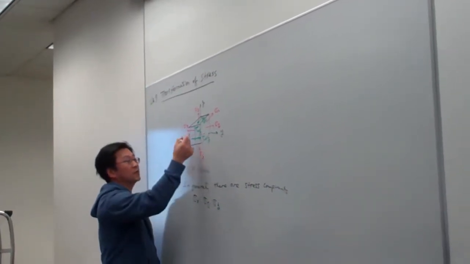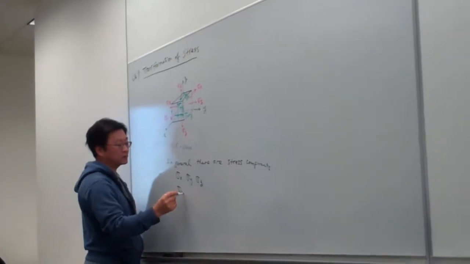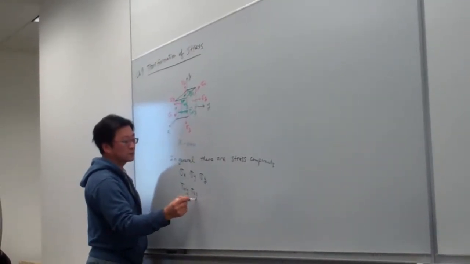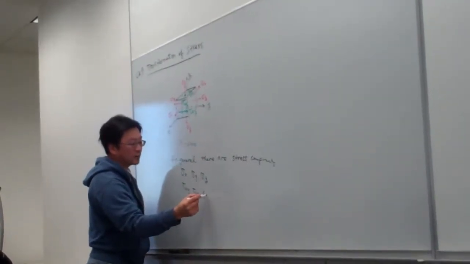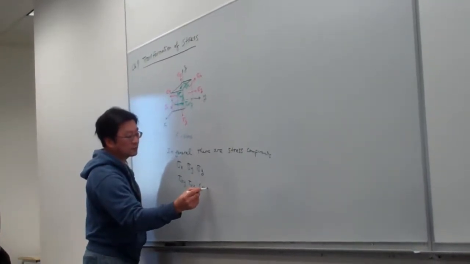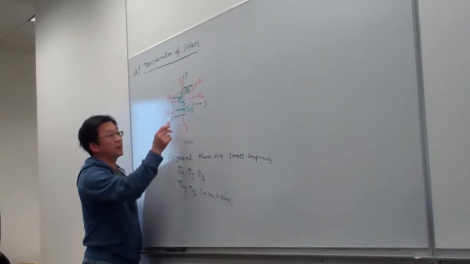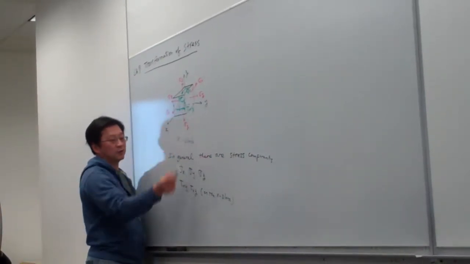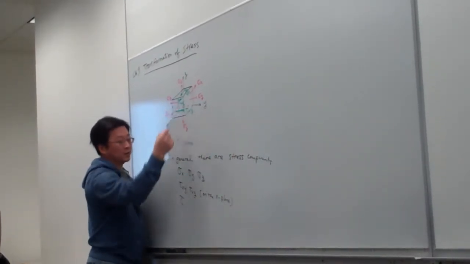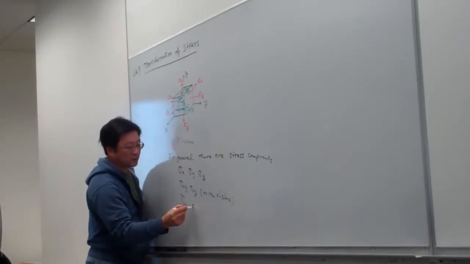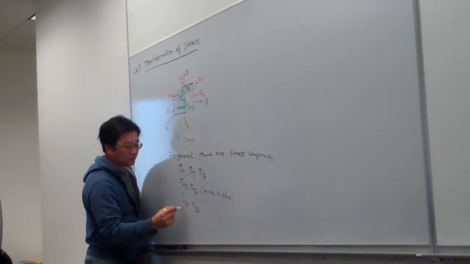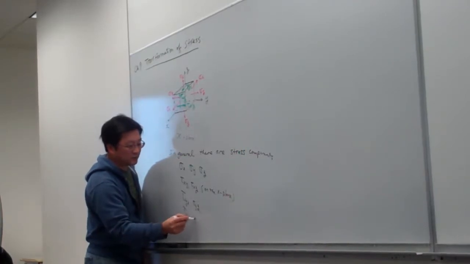And for shear stress, here is tau xy, tau xz, so that both are on the x-plane. Just like we drew here, the two components are here. And on the y-plane, we have tau yx and tau yz. And on the z-plane, we have tau zx and tau zy.